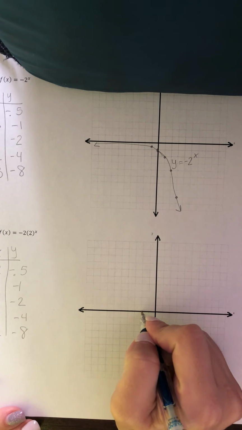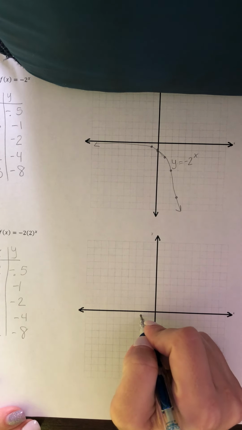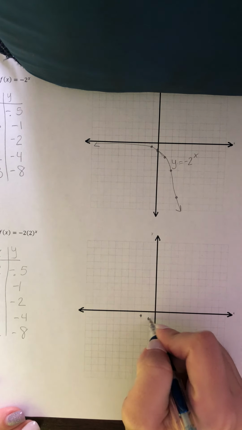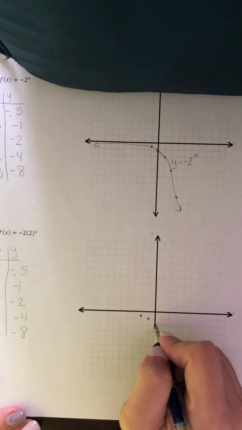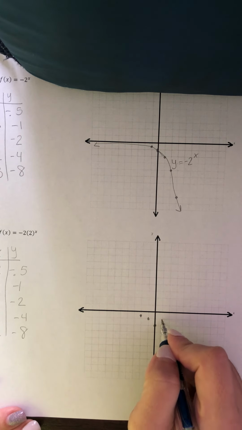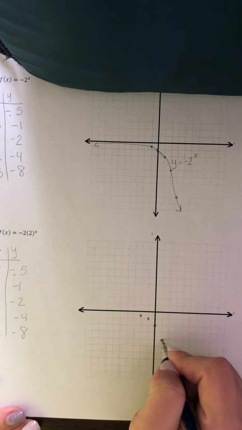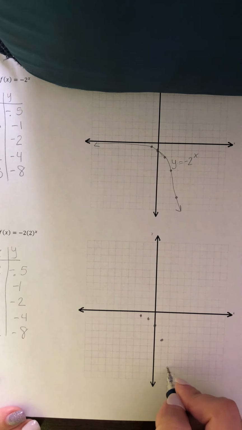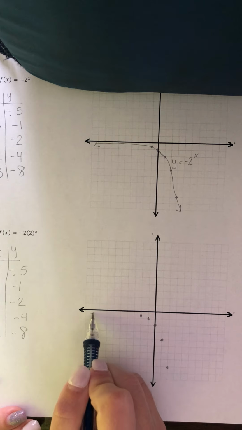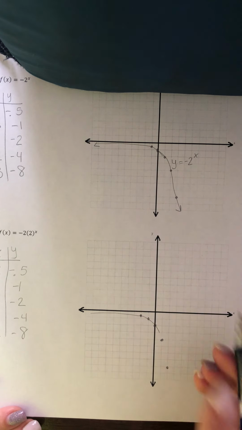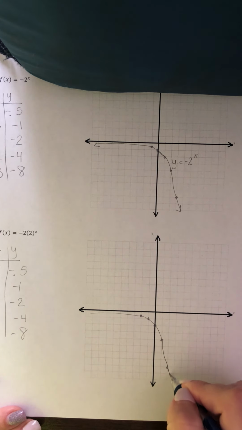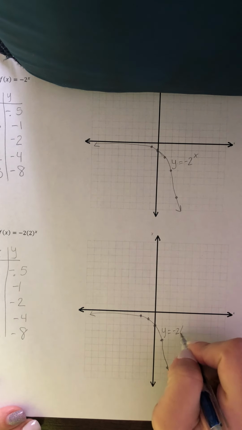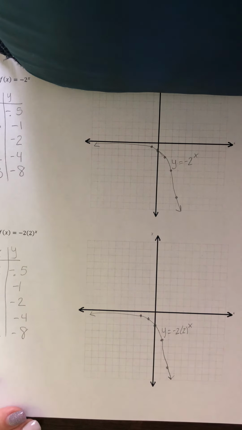So -2, -0.5 is down here. -1, -1, 0, -2, 1, then the remaining points. Connect my points. And y equals -2 times 2 raised to the x.